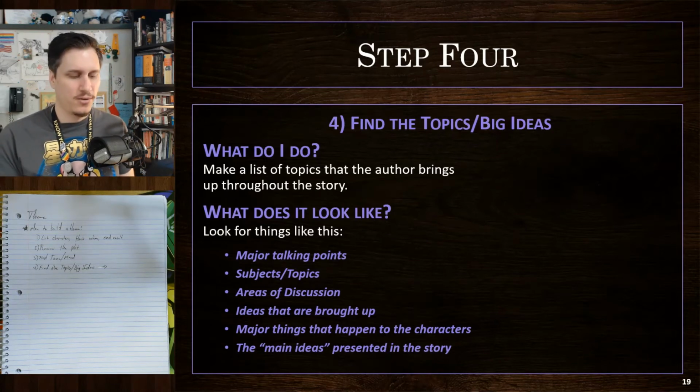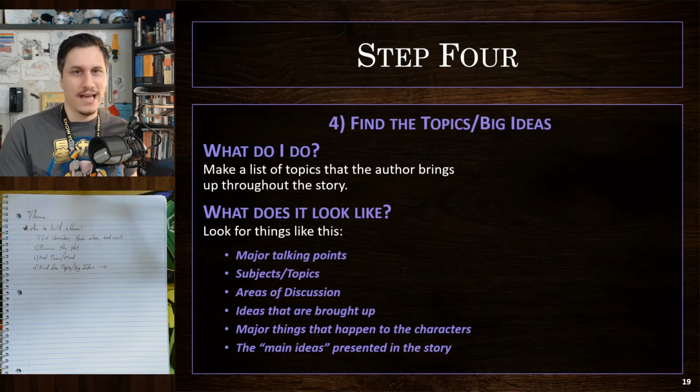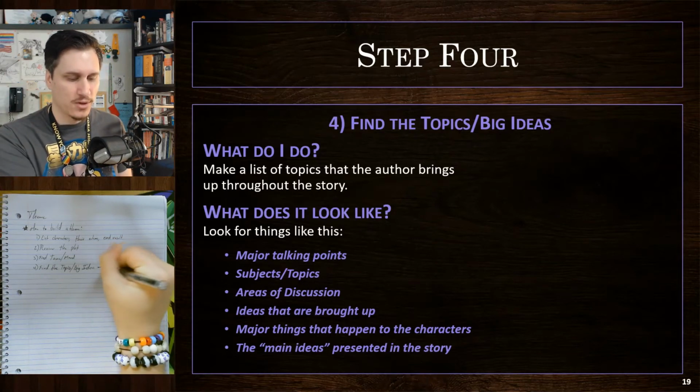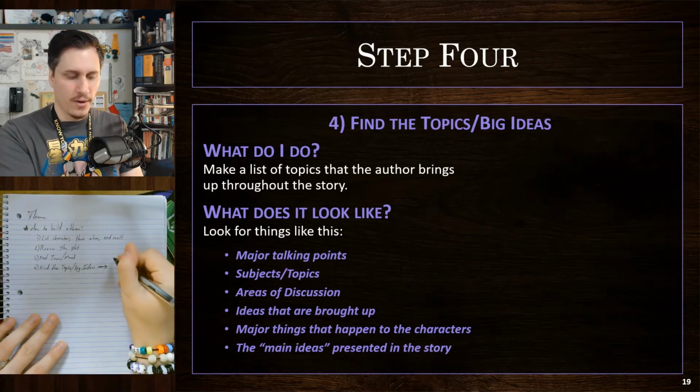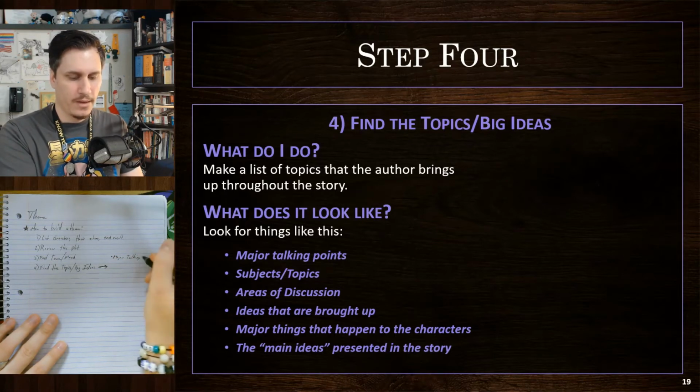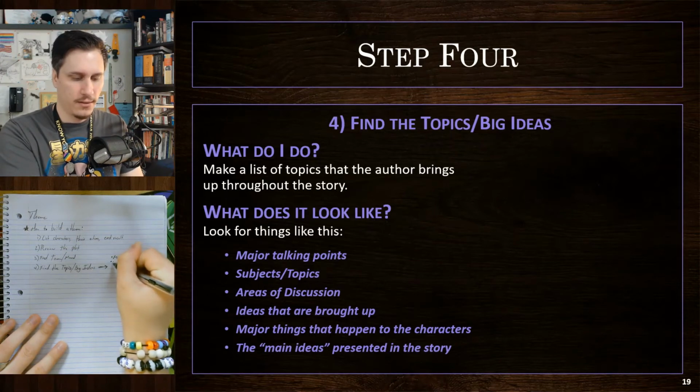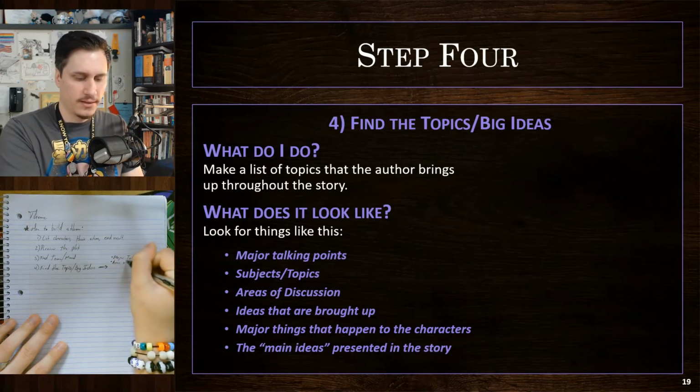So try to take the story and break it down into its most core bullet points, so to speak. Its most core ideas. Okay, find the topics and big ideas. What does that mean? This would be major talking points, or areas of discussion.